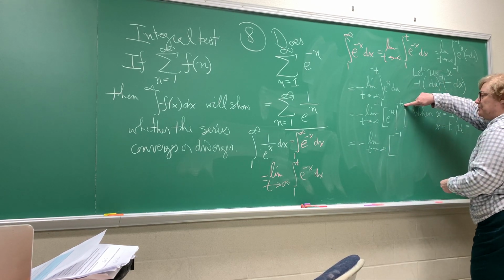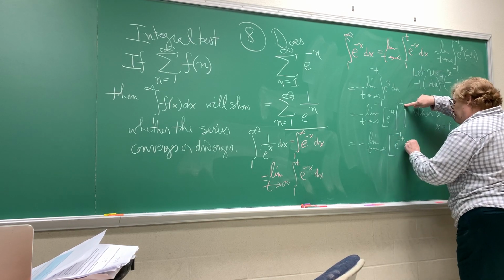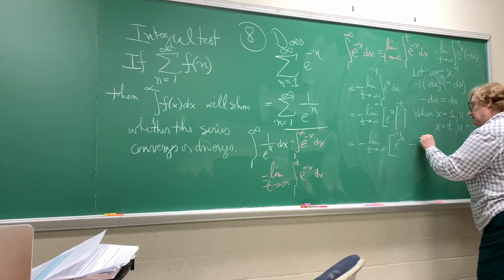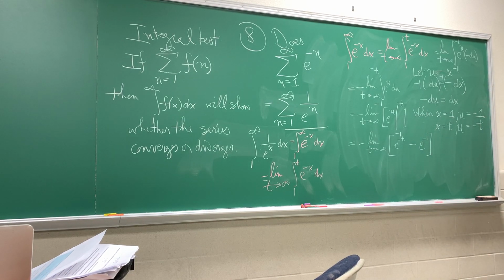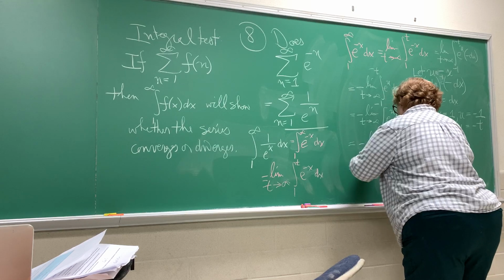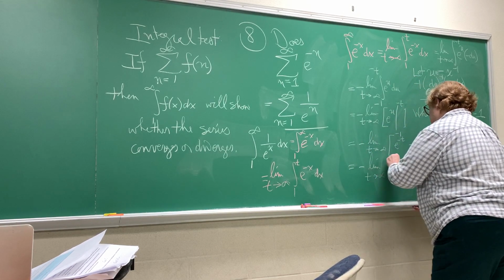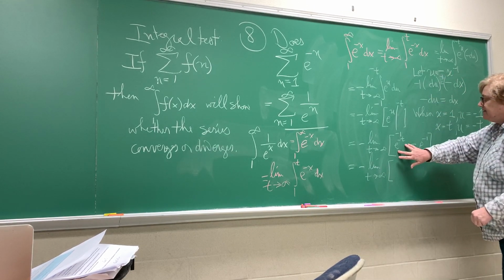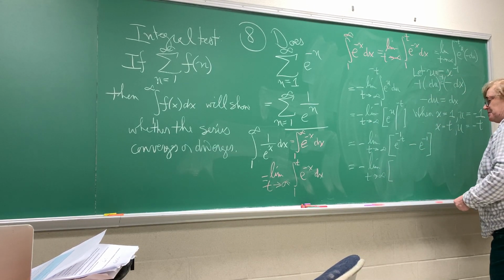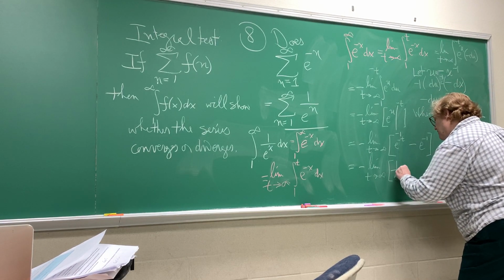So let's put the upper value in and the lower value. And now let's write them without the negative exponents. So how can I write e to the negative t without that negative exponent? Good.